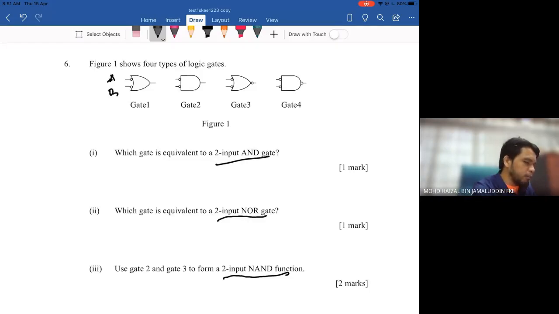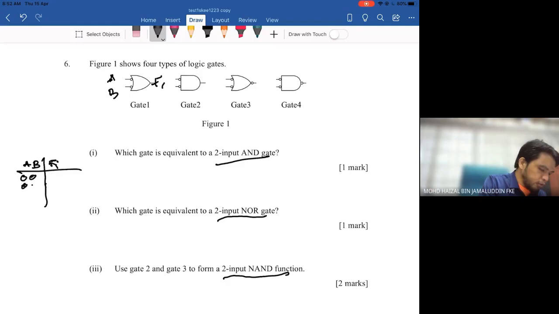So you have, for example, input and output. So you need to solve it one by one. For example, question number 1, 6-1. So you have the A, B, and F1, for example. So you just put 0, 0, 0, 1. You have only 2 inputs, 1, 0, 1, 1. So you know it is an AND gate.